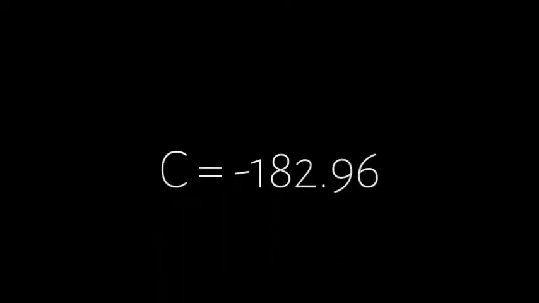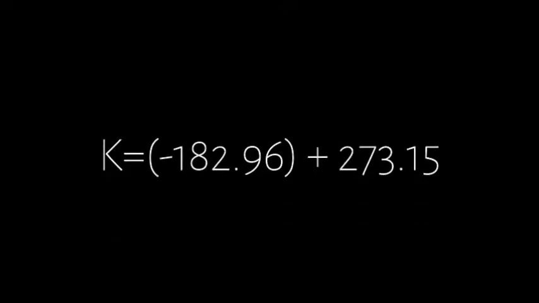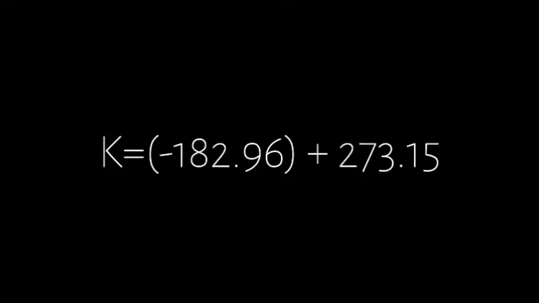If we plug in our Fahrenheit value, we come up with the answer negative 182.96 degrees Celsius. Now that we have our Celsius, all we have to do is add 273.15 and we will get our Kelvin. If we plug in our Celsius, the answer would be 90.19 Kelvin.